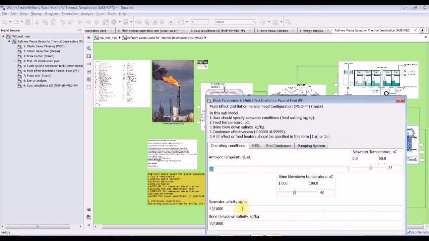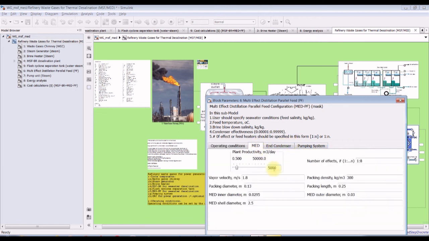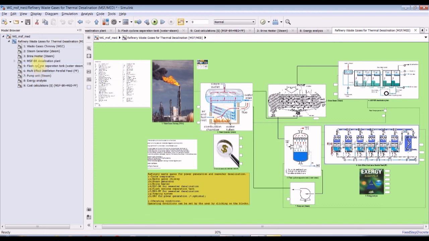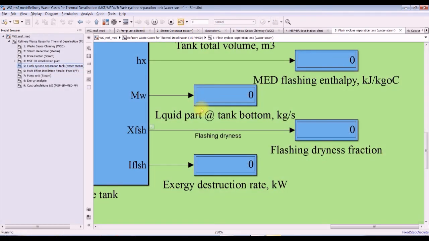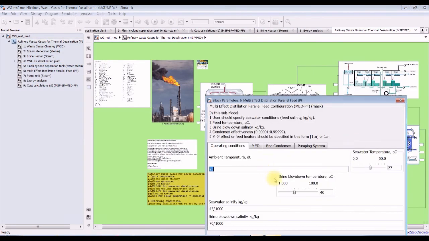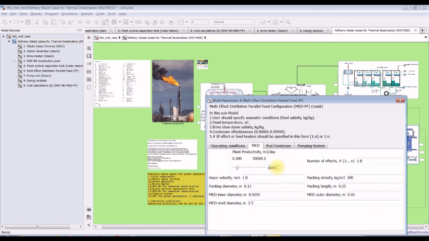Let's increase productivity for MED, or, for example, 6,000. Oh no, we have to decrease the MED productivity.